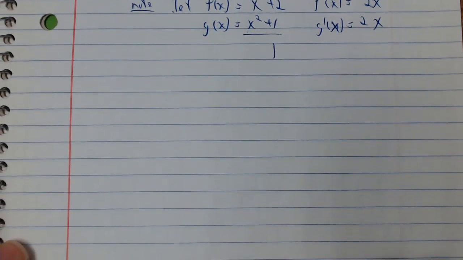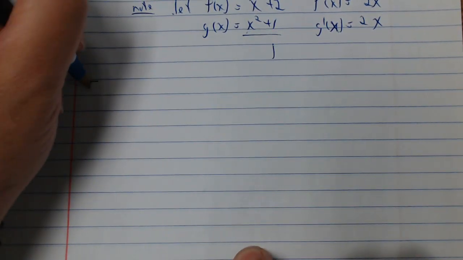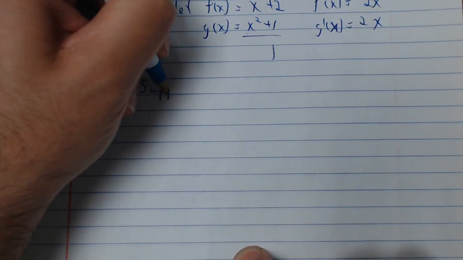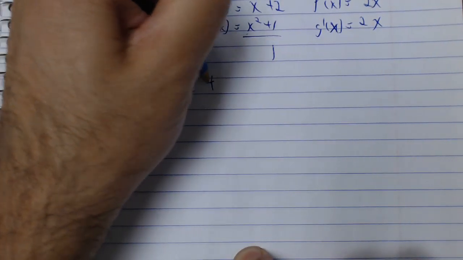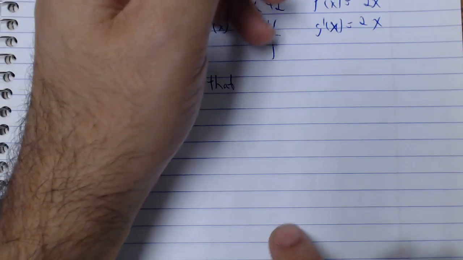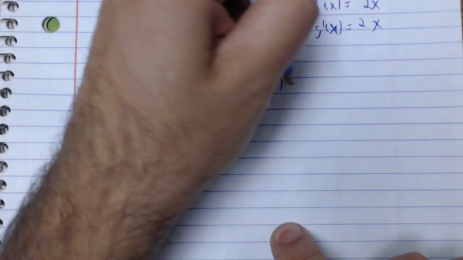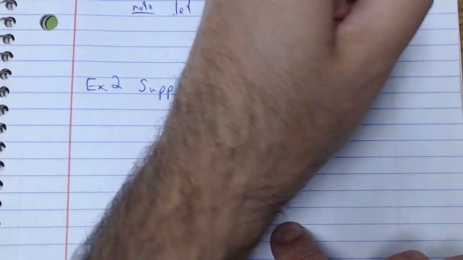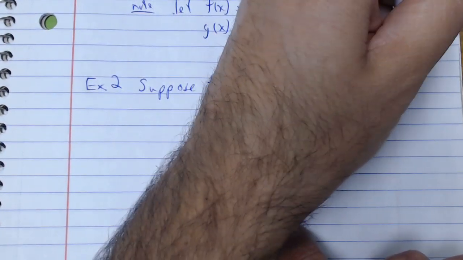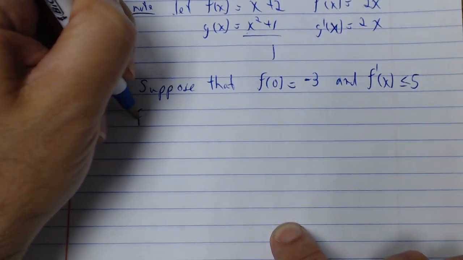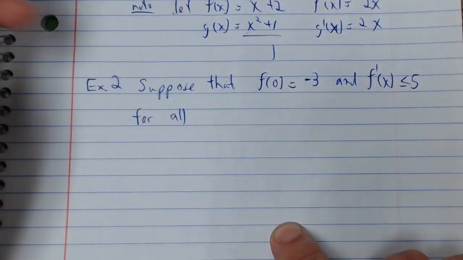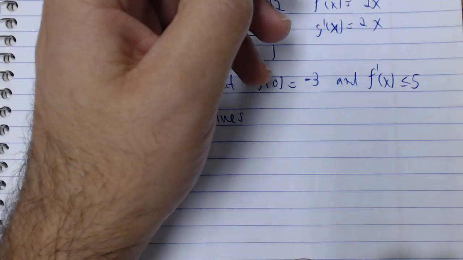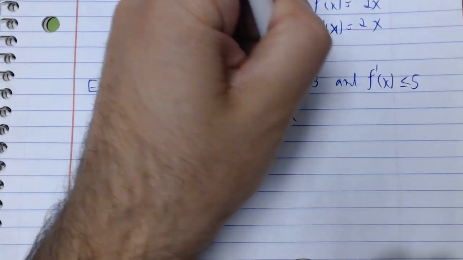Now, moving on to our last example. Suppose that f of 0 equals -3 and f prime of x is less than or equal to 5 for all values of x.